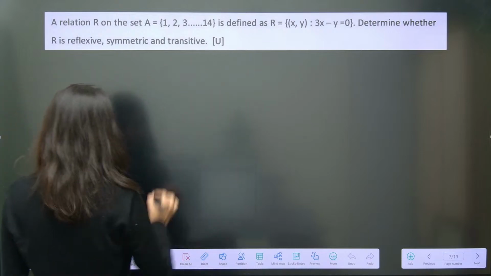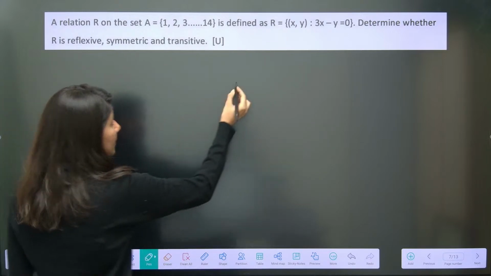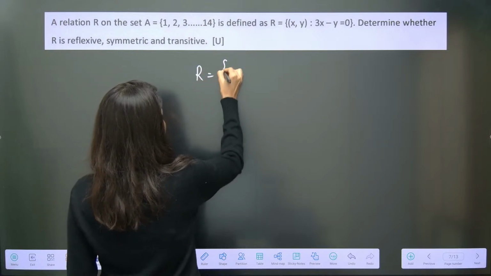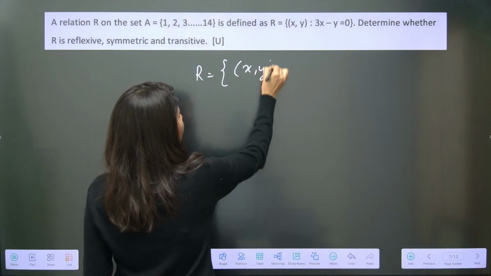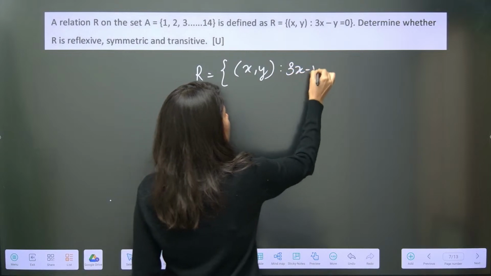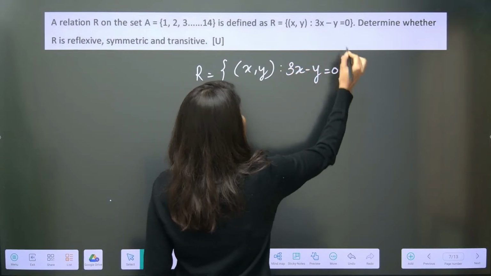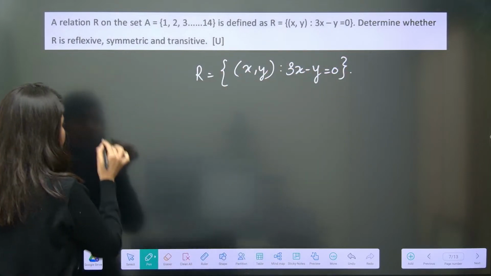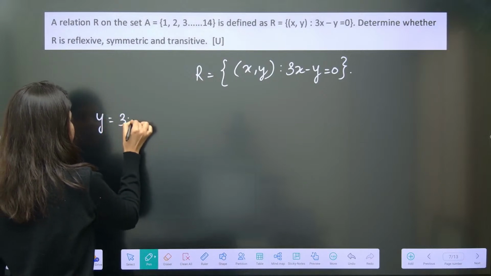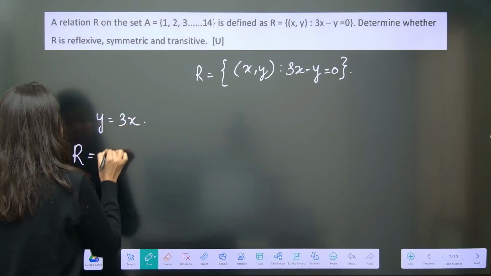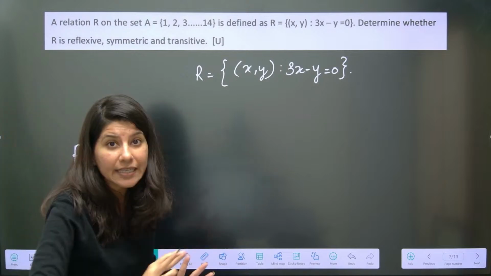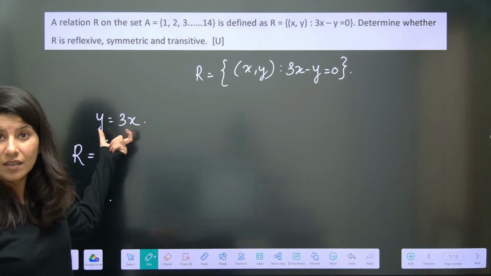So, A is 1 to 14. See, understand. This R equals x comma y such that 3x minus y equals 0. Determine whether it is reflexive. First of all, y equals 3x. So again I'll form my complete relation based on this condition.